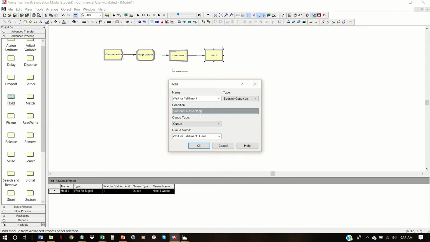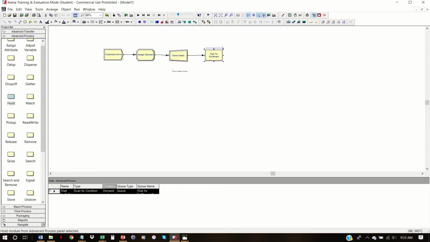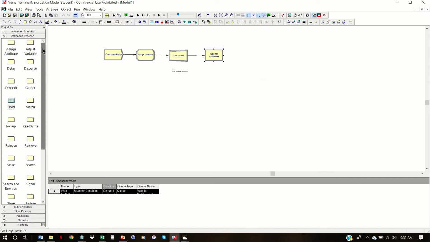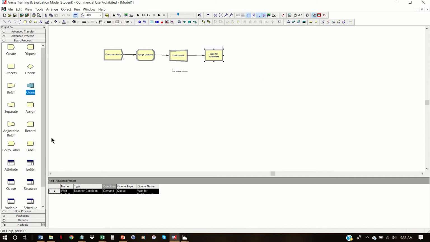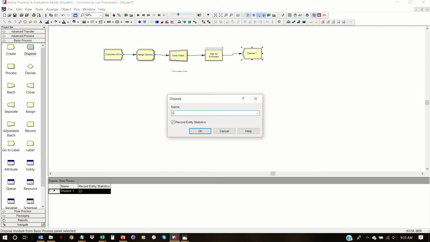If inventory ever drops below demand, that is, if demand cannot be fulfilled, then customers will just start waiting here until this condition is met, the inventory is increased, we buy more stock, and the demand can be fulfilled. So we're going to hit OK. And then once they've been fulfilled, they will leave the system. So we'll go back to our dispose, customers leave. Okay.